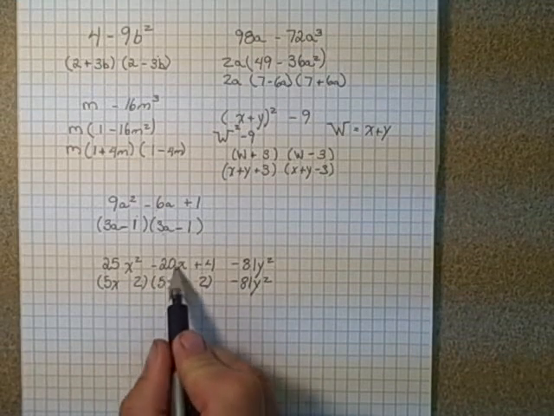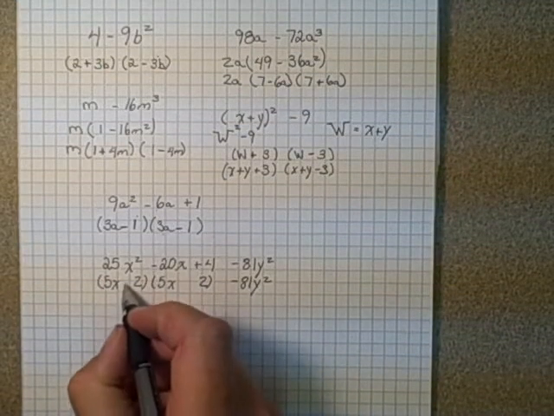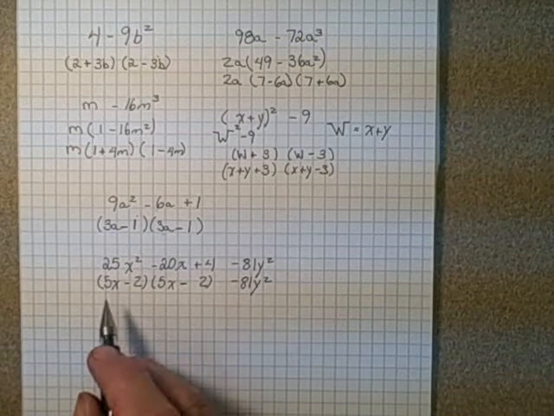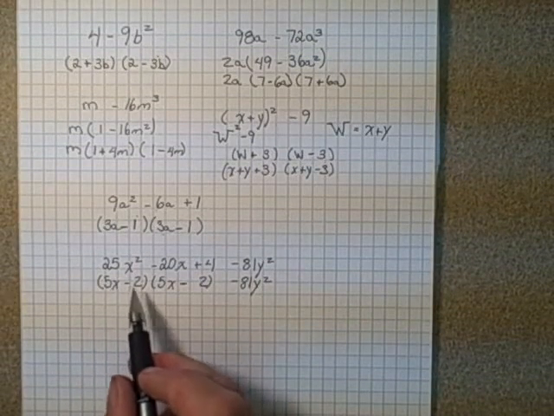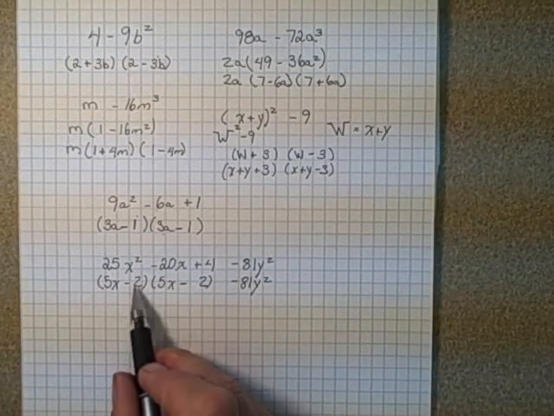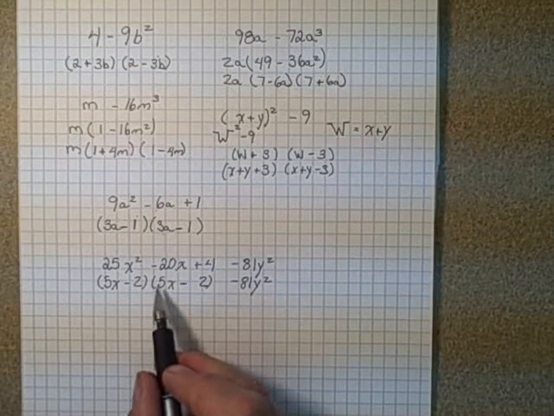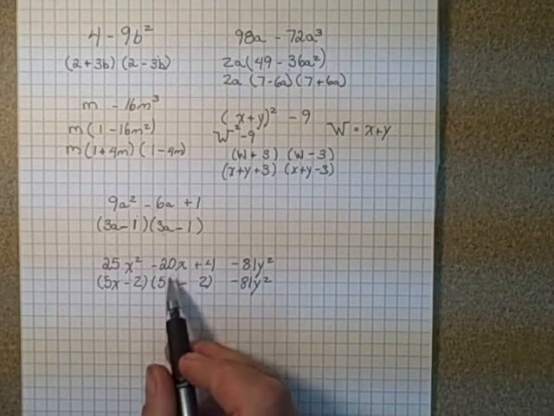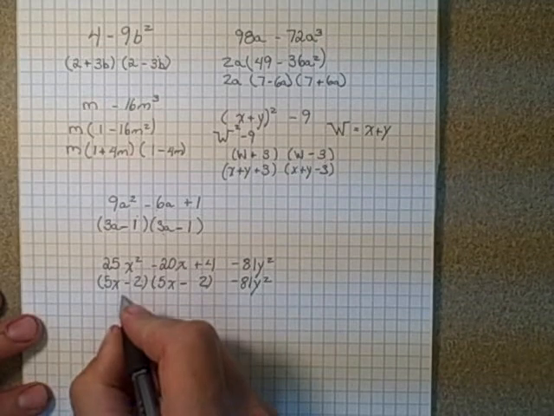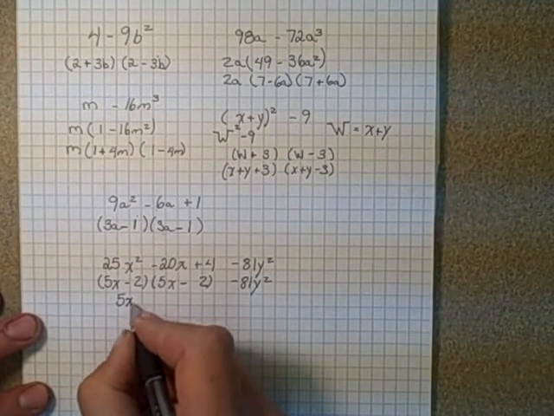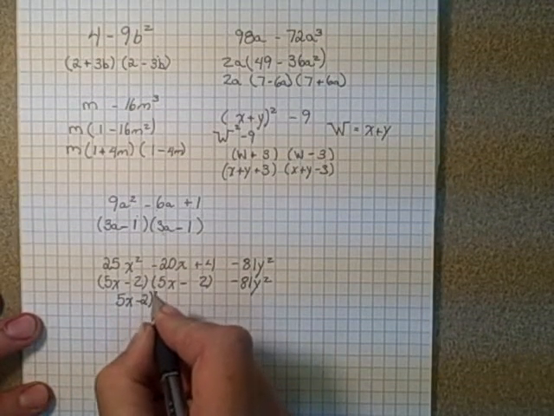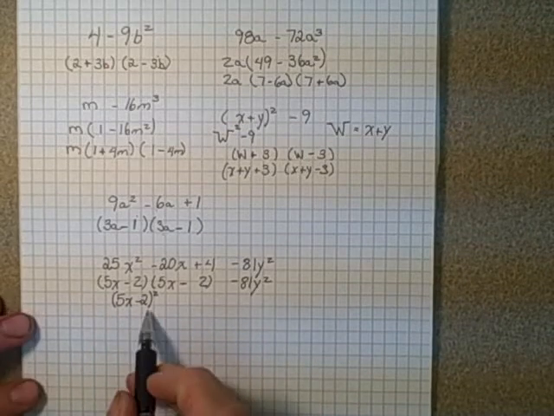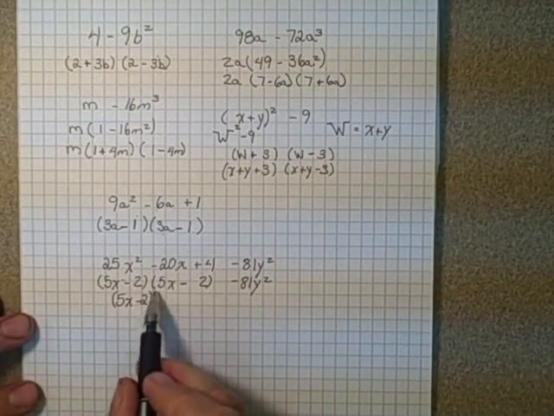And we also have to be aware of, because there's a negative sign there, we're going to have negative signs in here. So if we did that, we'd get 5 times negative 2 is negative 10, and negative 2 times 5 is negative 10x. So negative 10x and negative 10x gives us our negative 20x. So then if we were to rewrite this, we could say 5x minus 2 all squared would be those 2 things perfectly squared.